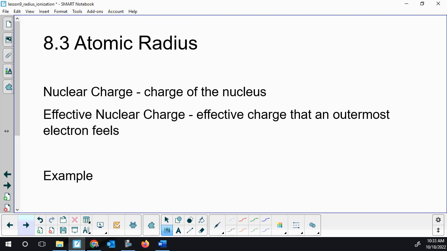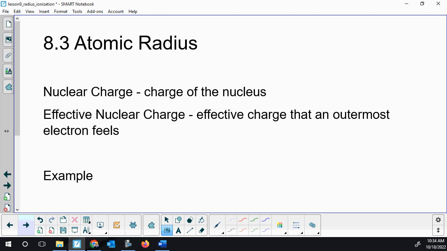So atomic radius is first up. We're going to talk a little bit about charge, what's kind of pulling things together, and we'll use that principle to figure out size. So I'm starting with nuclear charge.